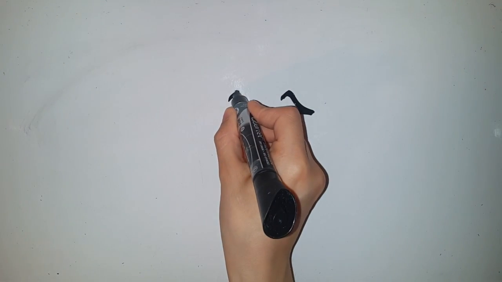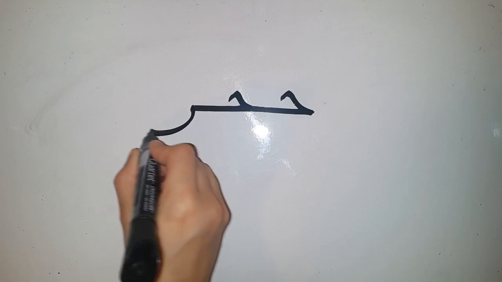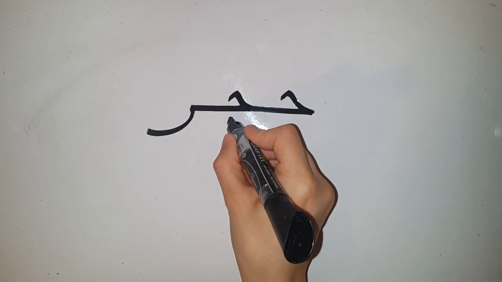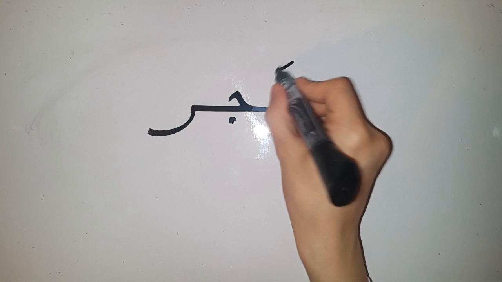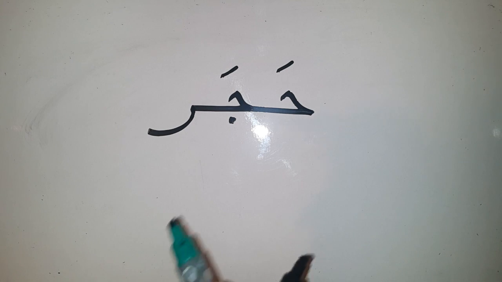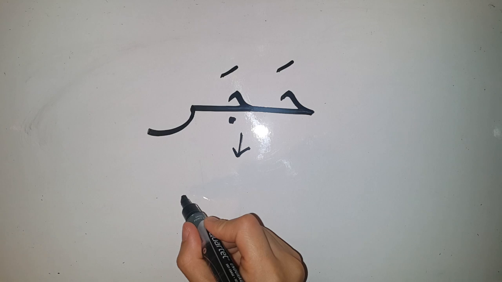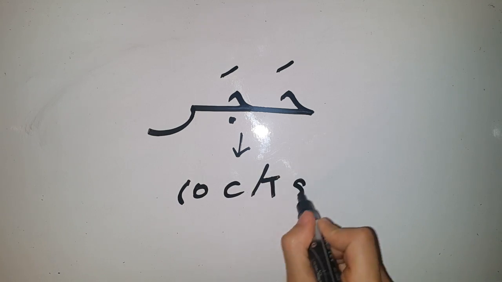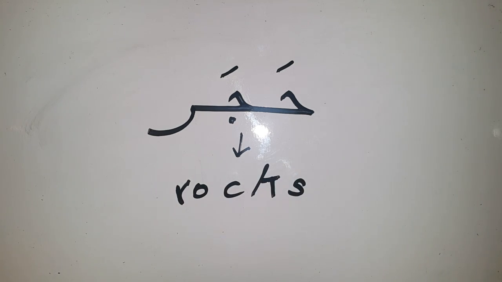So here's a word that would have the letter ra in it. Do you remember what these letters are from last time? Ha, jar, hajara, hajar. So hajar just means rocks in English.